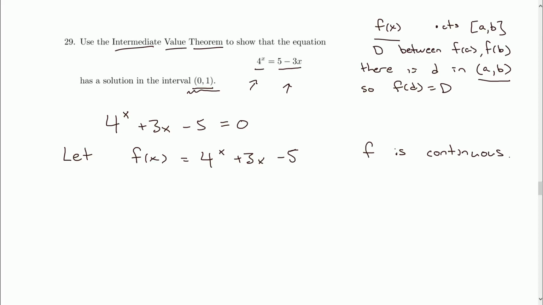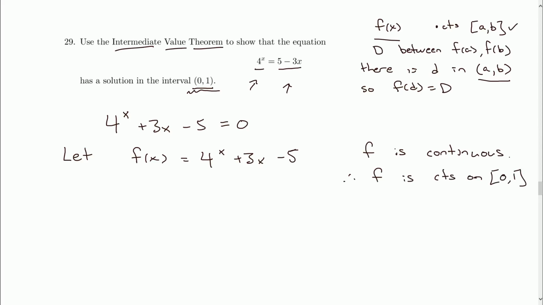But it's fairly clear to anyone who knows what the intermediate value theorem is that this function is continuous. So I've got f. It's not just continuous on a particular interval, it's continuous everywhere. But more specifically for the intermediate value theorem, I might highlight that f is continuous on 0 to 1.